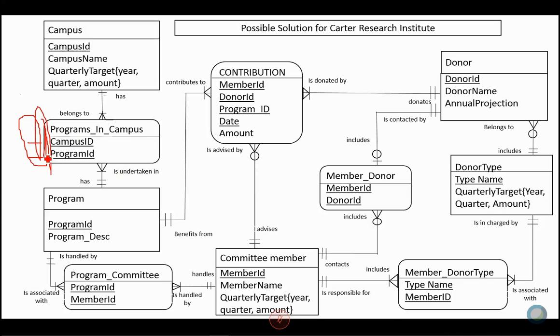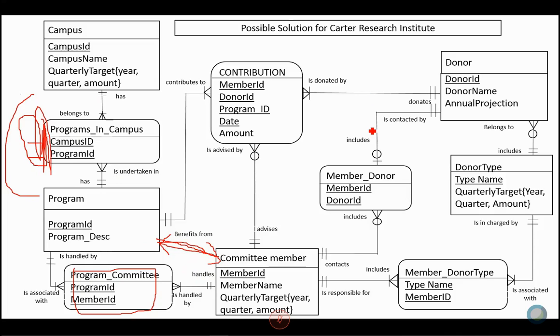So we have this associate entity right here, capturing this many-to-many relationship between program and campus. Likewise, committee member has a many-to-many relationship with the programs. A committee member can handle many different programs, and a program can be handled by many different committees. That's why we have this associate entity in the middle, capturing this many-to-many relationship.